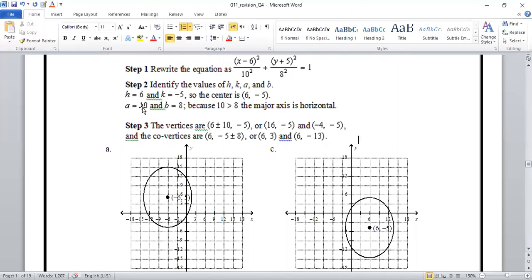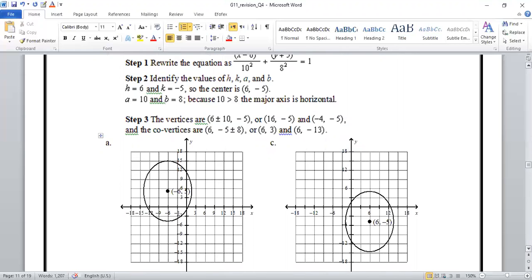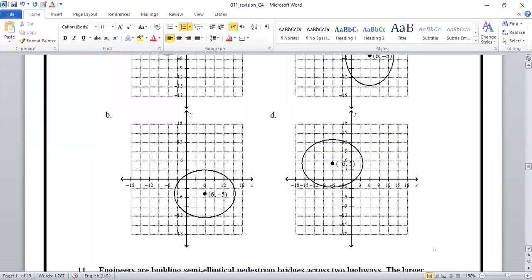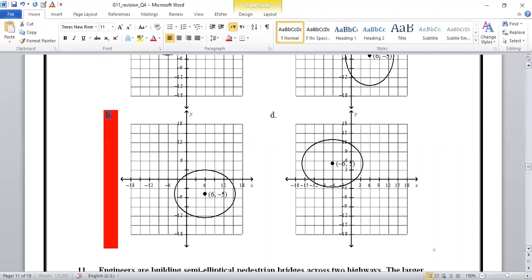A equal 10, so the distance from the center to the vertices equals 10. And the center is 6 and negative 5. This is true. Here, the center at negative 6 and 5 is not true. The answer will be number B.